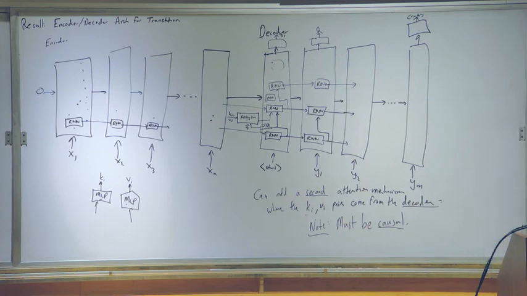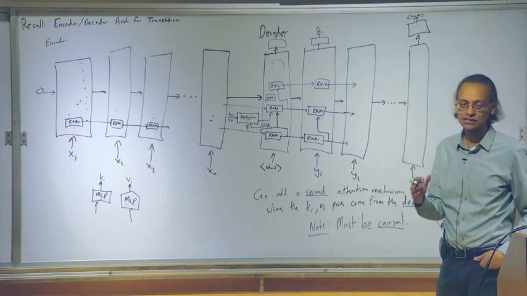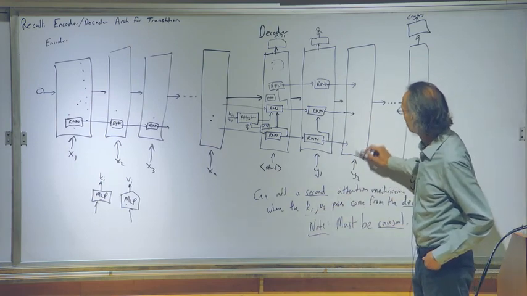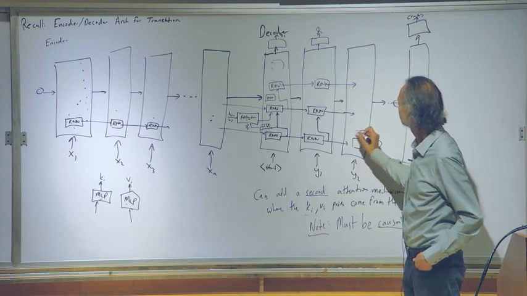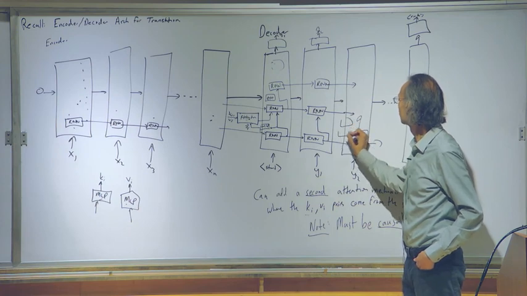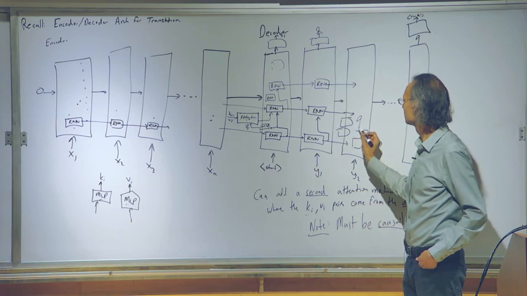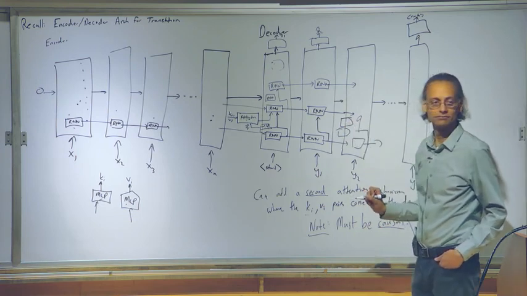Not a big deal. So there's a couple of design decisions you can have. One is that, when something is causal, the question is, do you allow yourself to depend, for example, let's look at this one here, Y2. I'm going to do a query on the second, so I have two queries. One is looking back at the encoder, and one is looking at the decoder.